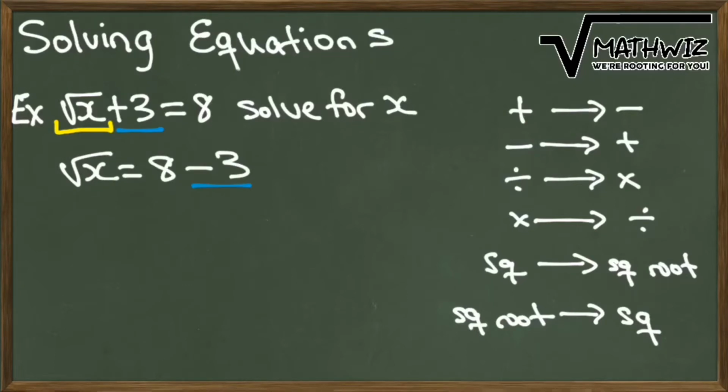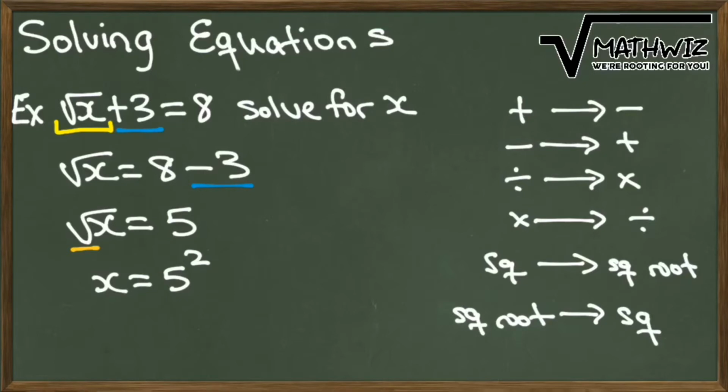These are skills that we would have already mastered: if we have a plus, when we take it to the opposite side, it becomes minus. All right, so we are going to have that the square root of x is equal to 8 minus 3, which is 5. And then to get rid of the square root, you will have to square the opposite side.